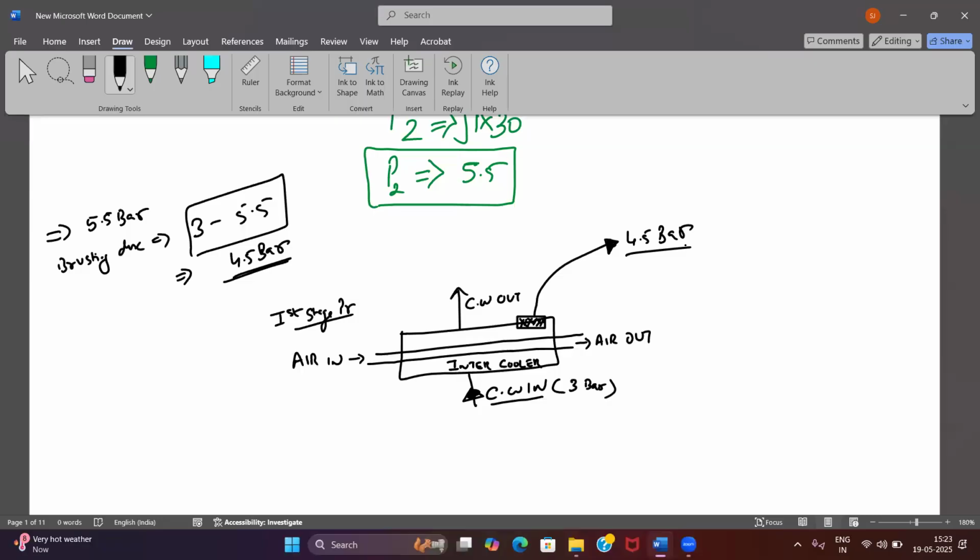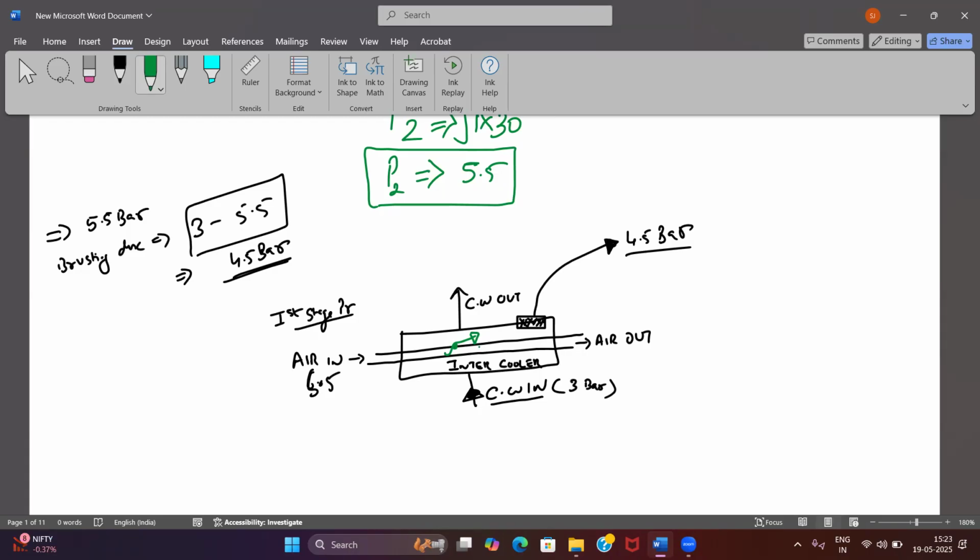It should not be less than the water pressure because otherwise the water will burst it. Agree? And it should not be more than the first stage discharge pressure. Suppose this is the air inlet after my first stage, at 5.5 bar. Now, when this tube is going to burst, then only this air will increase the water pressure further.